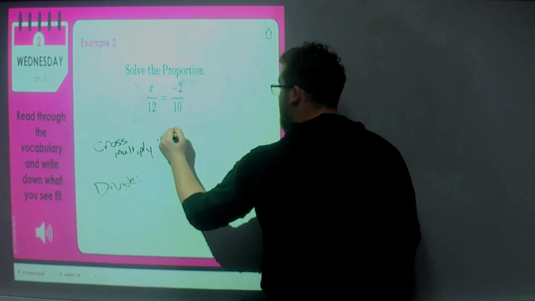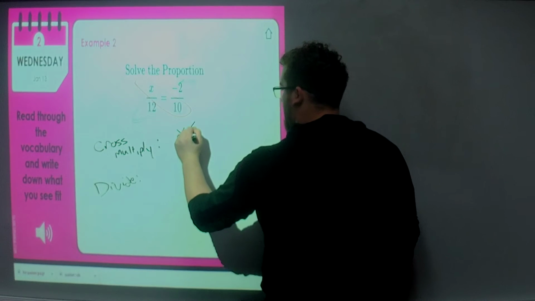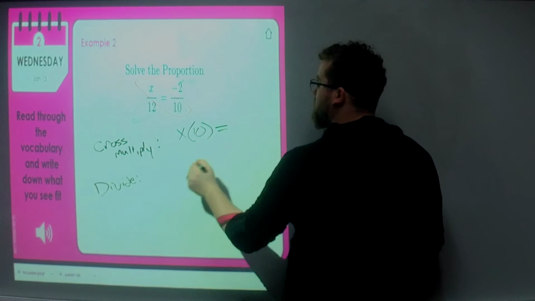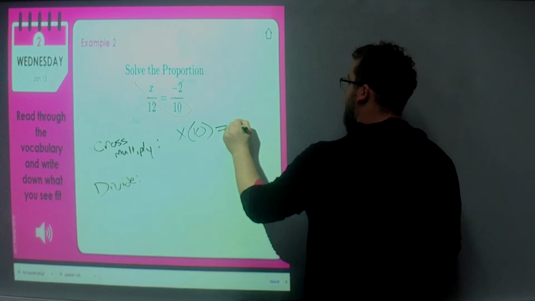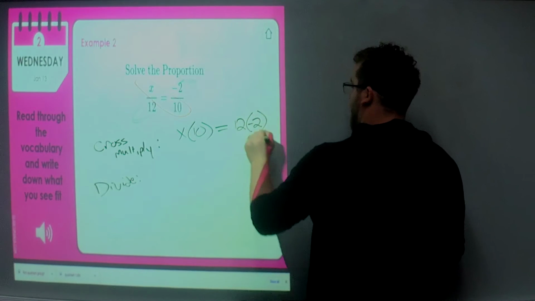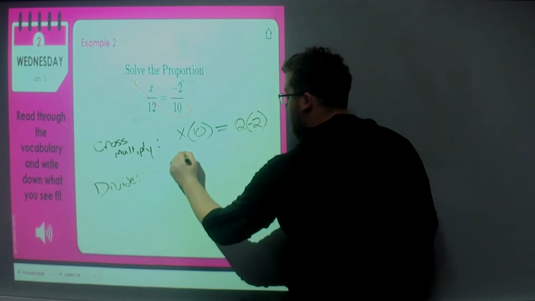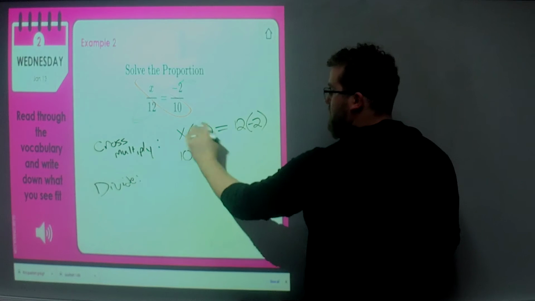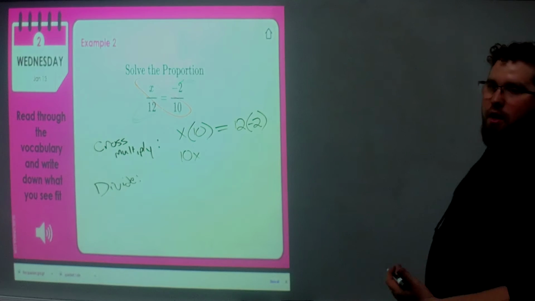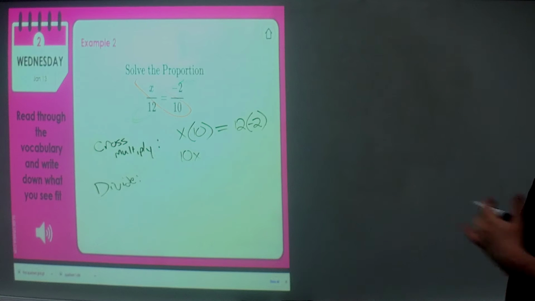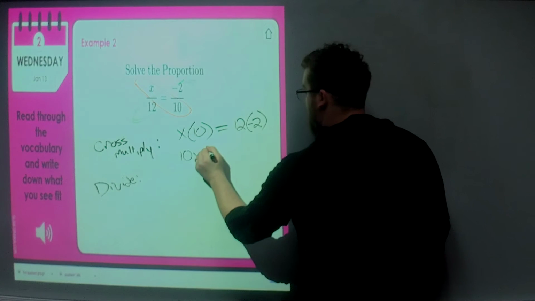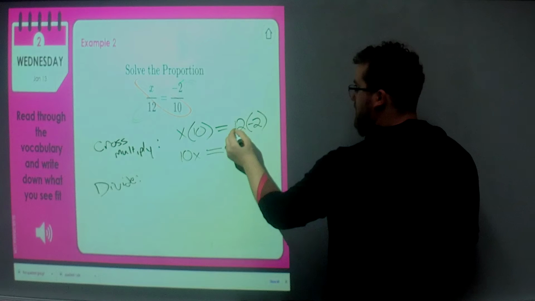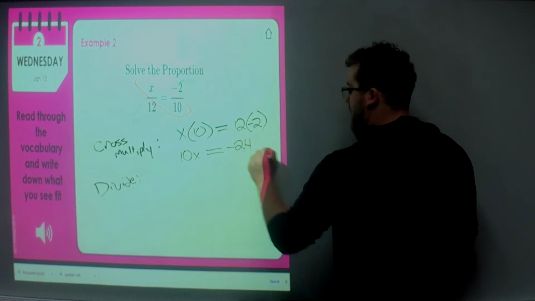I've got x and 10 equals 12 times negative 2. So I get 10x. Remember, whenever we multiply, we usually want to put that coefficient first. We want to put that number in front of our x. Bring down the equal sign, negative 24.